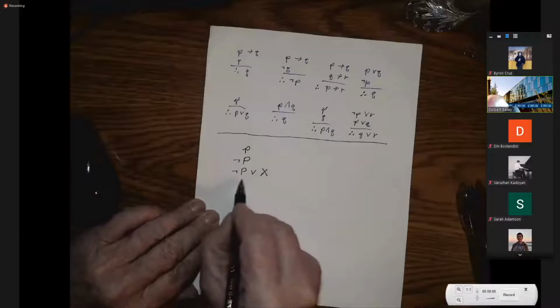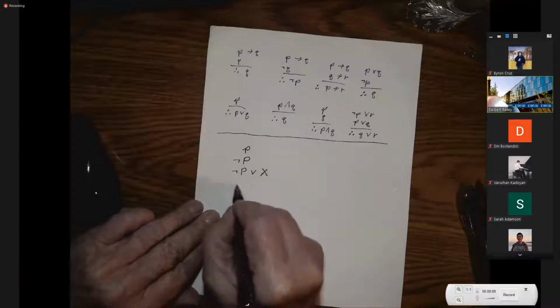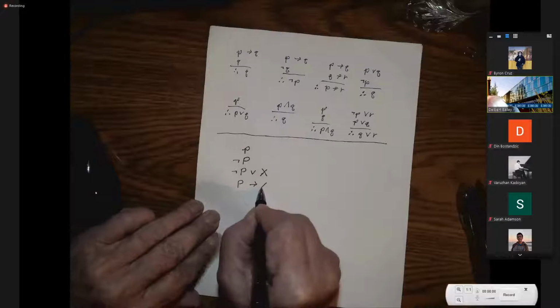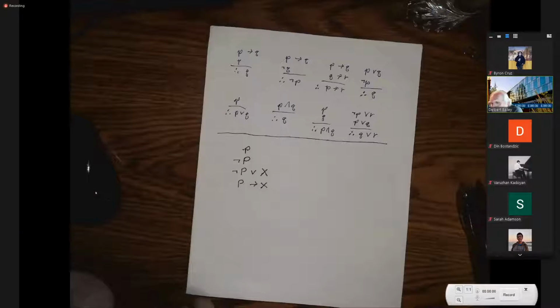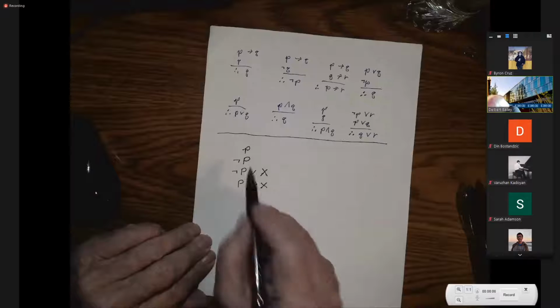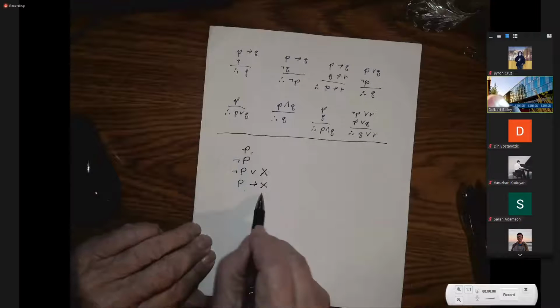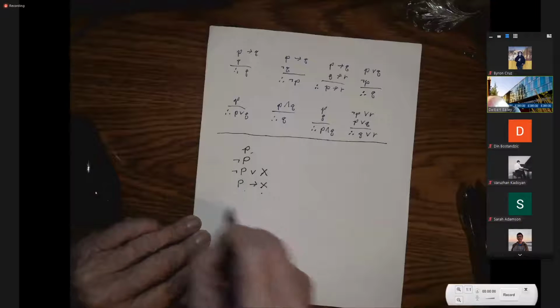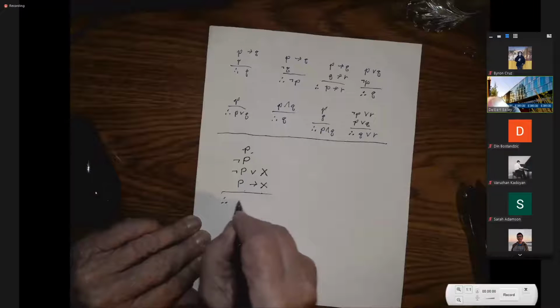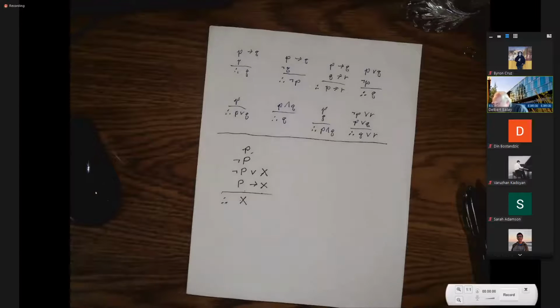Okay, but what is this thing equivalent to? This is equivalent to P implies X. You with me? Okay, but now I've got P is true and P implies X. Therefore, X is true.